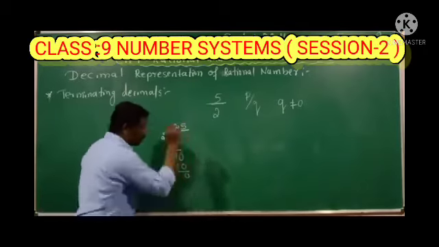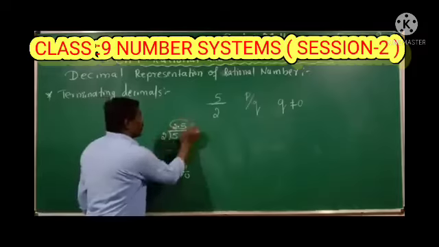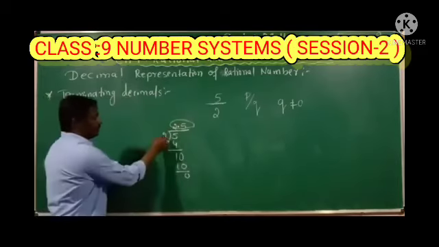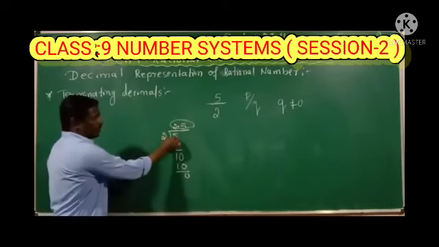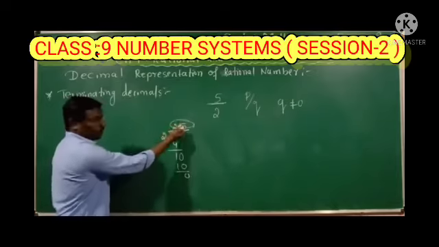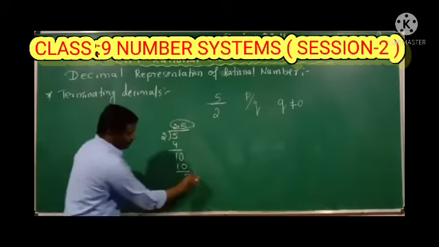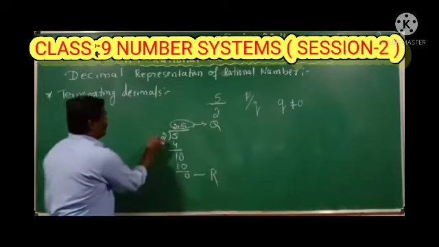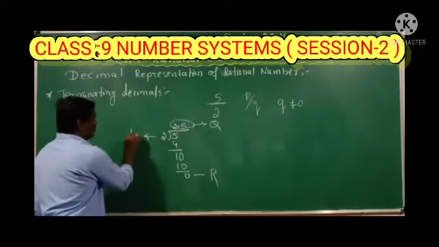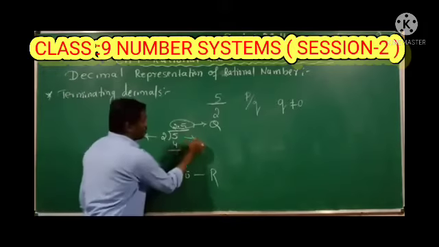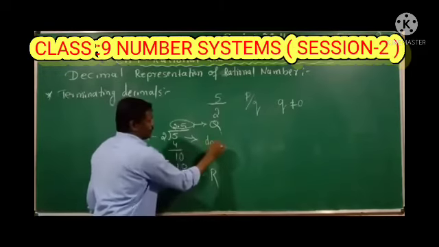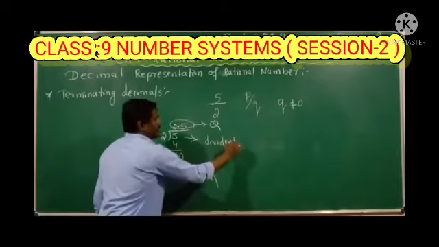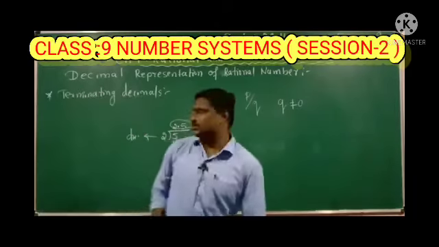What do I get as the quotient here? This one is the dividend, divisor, quotient and remainder. This is the remainder and this one is the quotient. This is the divisor and this one is the dividend, right? You already learnt this in the previous classes.